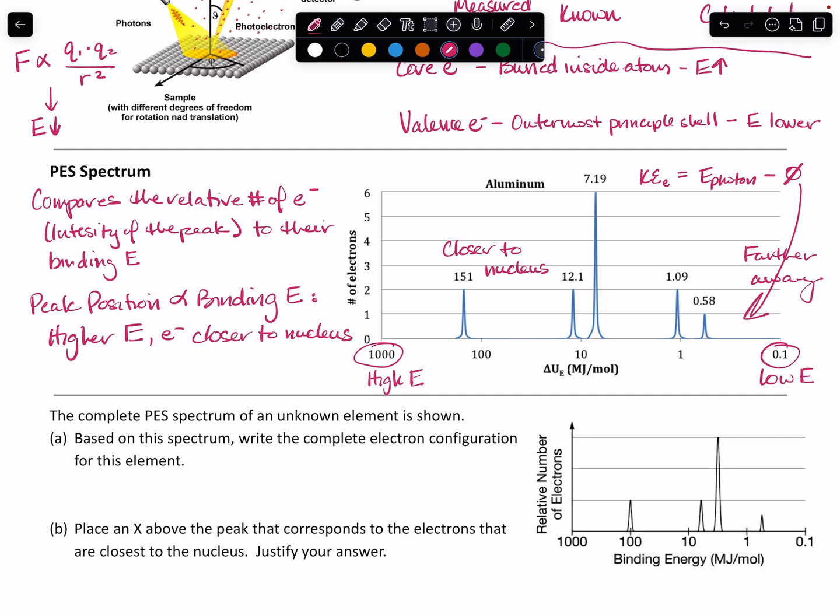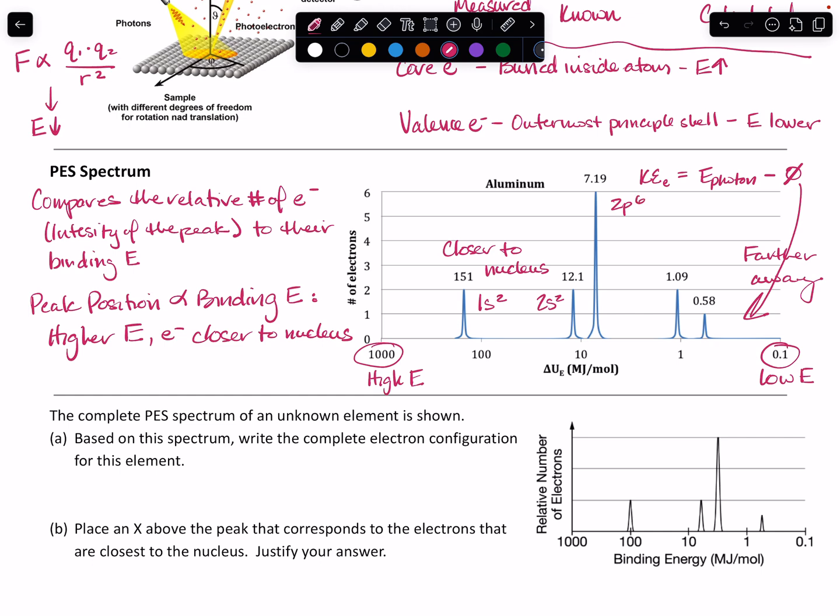So if we look at this particular spectrum, we should be able to write the electron configuration starting from the left and moving to the right, starting from the nucleus and moving out to the valence shell. This first peak at 151 has 2 electrons in it. So there's your 1s2 electrons. This second peak at 12.1 is 2s2. And then at 7.19, we have 1, 2, 3, 4, 5, 6.